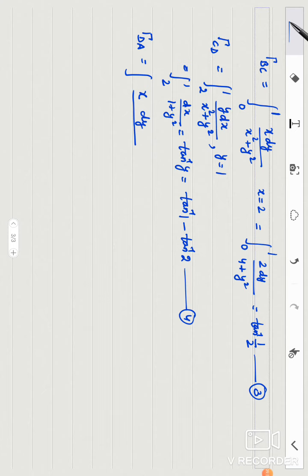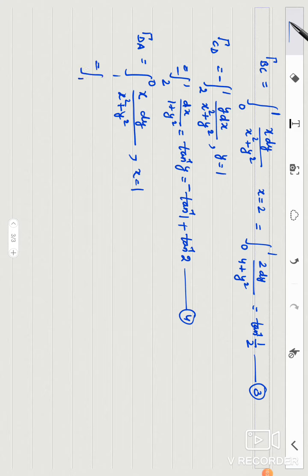I think in the first one I have to take the minus symbol here. This is minus plus and this is minus, because in velocity it is with a minus symbol. So x dy upon x square plus y square, where y goes from 1 to 0 and x is equal to 1.